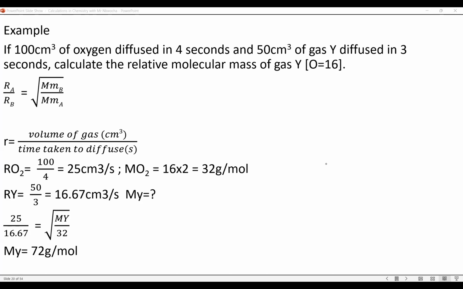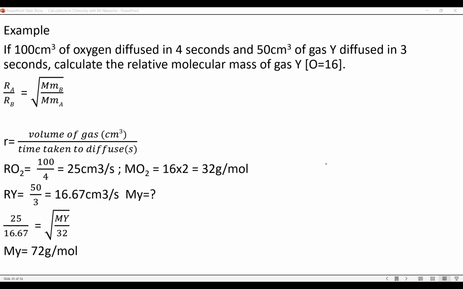When it is 100, it will possibly use about 6 seconds. So that means the unknown gas will most likely be heavier. If you understand that technique, go straight to the options, check the one that is more than the mass of oxygen, and if possible, pick your answer. That would most likely be correct. But if you have multiple options that are more than 32, then that's a big problem.